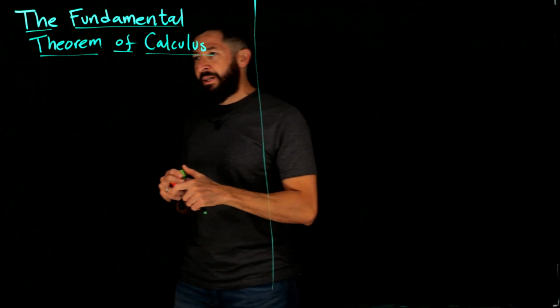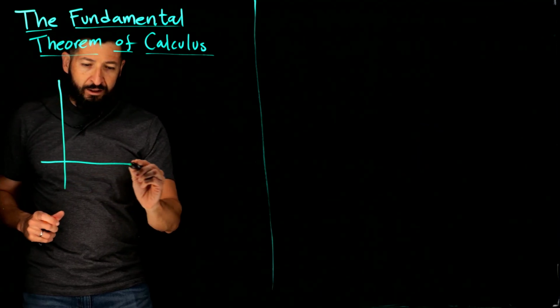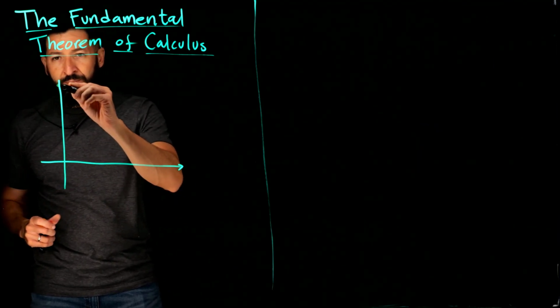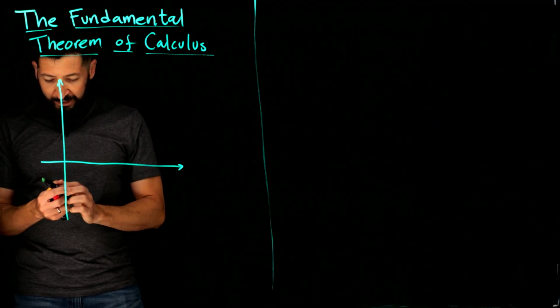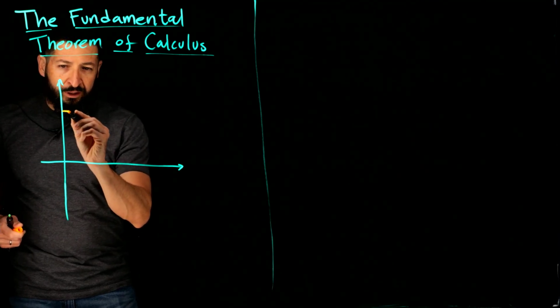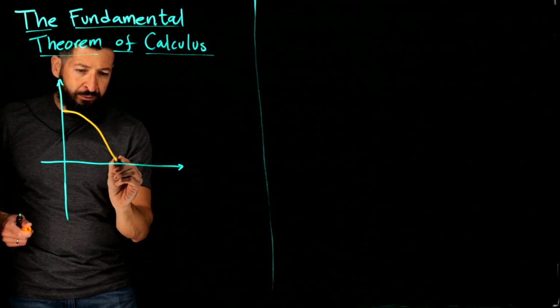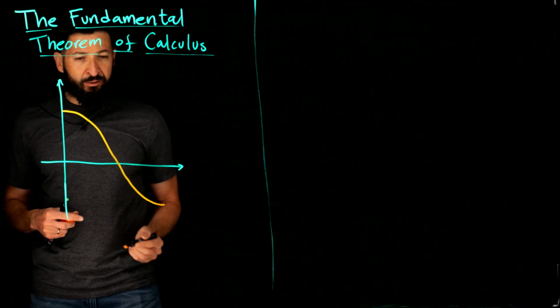How about the following? Let's take a look at the graph of the cosine, for example. And I should have made it a little more symmetric here. So let's start here at 1. Let's go down to pi over 2, where it goes to 0. And let's go back to pi, where it's -1.